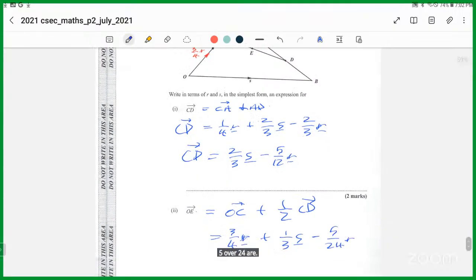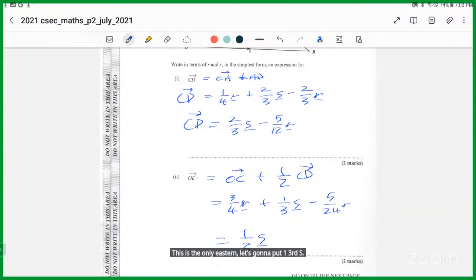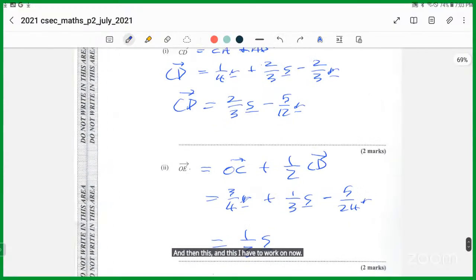5/24 R. So I have this R term and this R term to consolidate. This is the only S term. Just going to put 1/3 S. And then this and this I have to work out now. So it's 3/4 minus 5/24. Need to multiply this by 6 to get the same denominator as that.